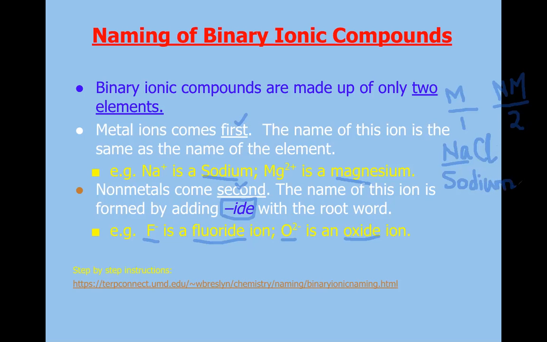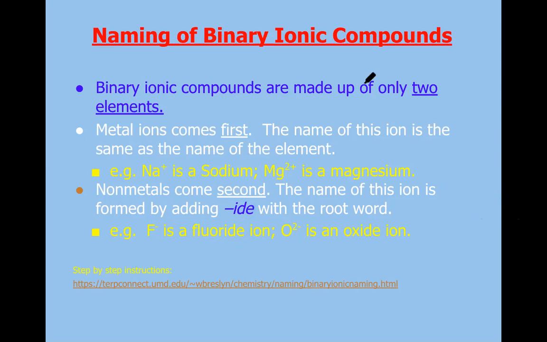So sodium. Whereas when you see chlorine, you don't say sodium chlorine. You say sodium chloride. So the last name, that is the non-metal name, ends with the three letters IDE with the root word. So chloride. Chlorine becomes chloride. We will see a couple more examples also. This is not the first and last time you are going to see the naming of binary ionic compounds.